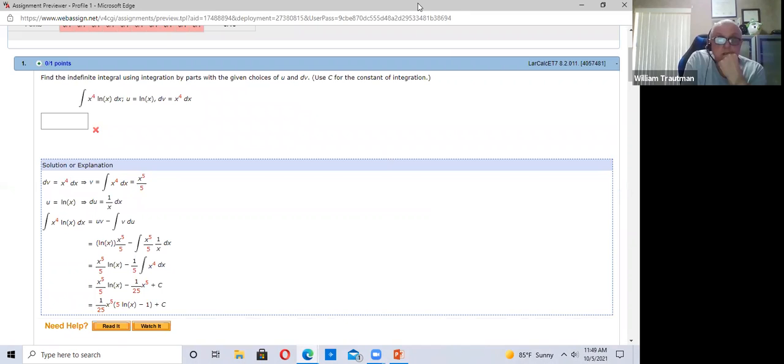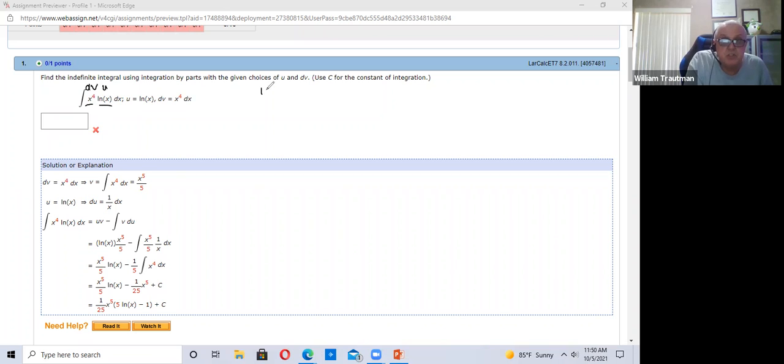And if you look here at this problem, we have an x to a power with a natural log. And I would verify this from that helper sheet that they gave us. Which one do we make u and which one do we make dv? So look at the one that says x to a power and then a natural log, and verify that they're making the natural log the u, so the other part is the dv.